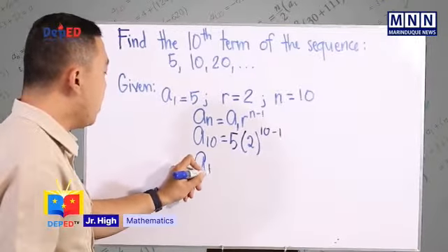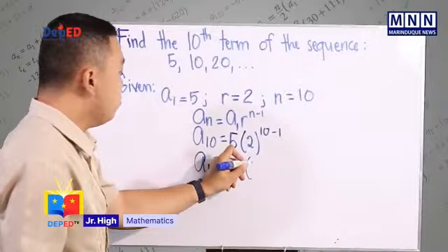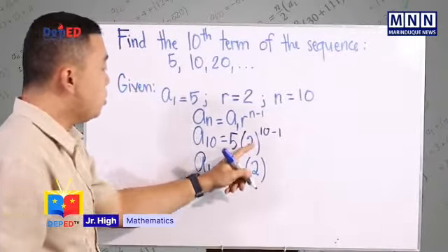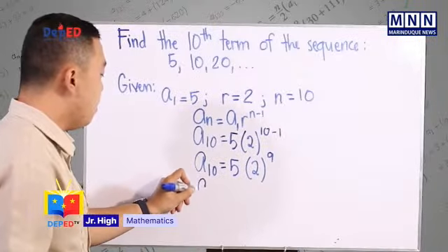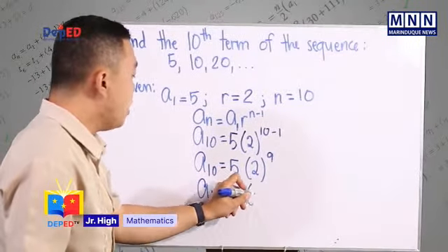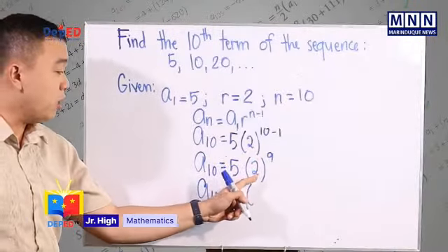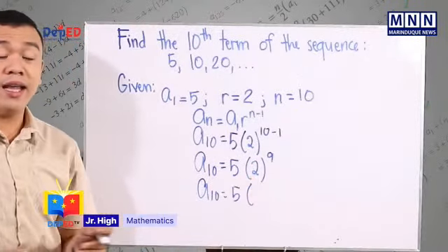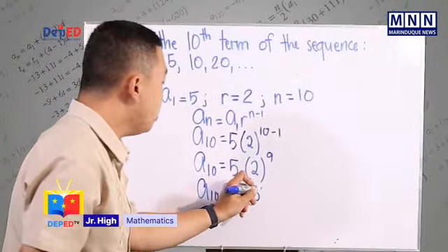Next, we'll have a sub 10 is equal to 5 times 2 raised to 10 minus 1, which will give us 9. Then you have a sub 10 is equal to 5 times 2 raised to 9. It means that you have to multiply 2 by itself 9 times, which will give us 512.